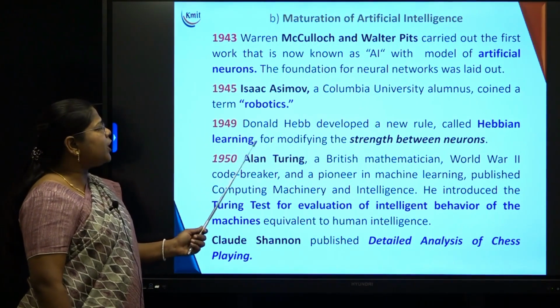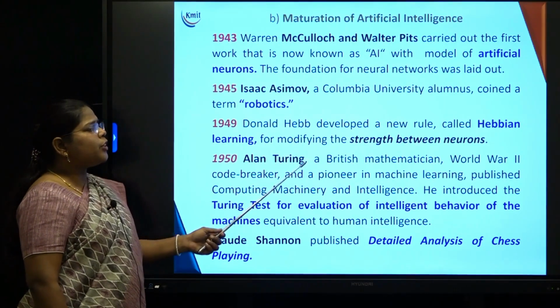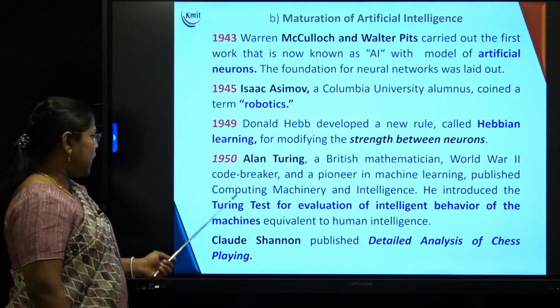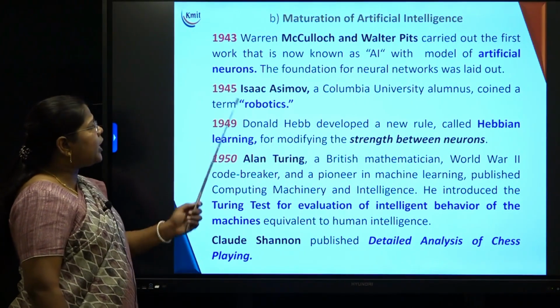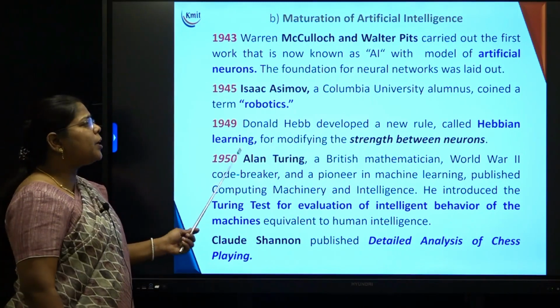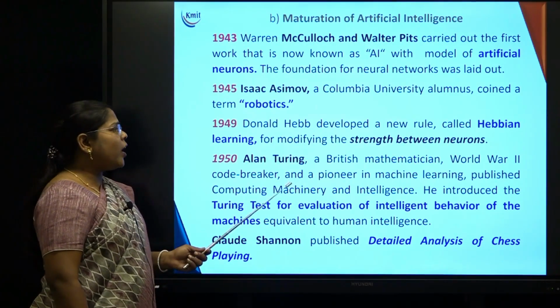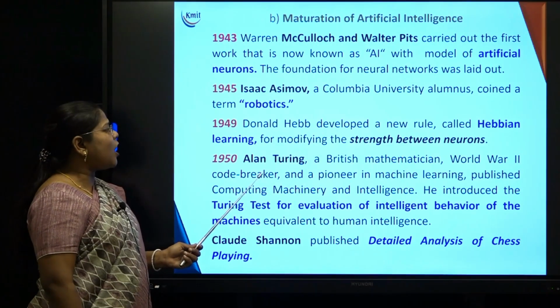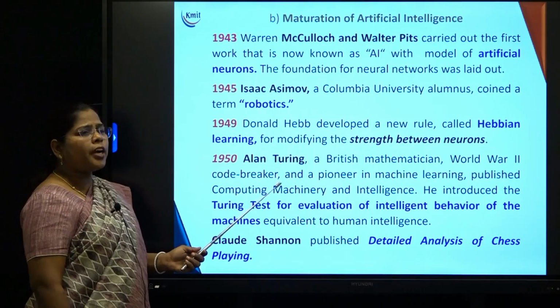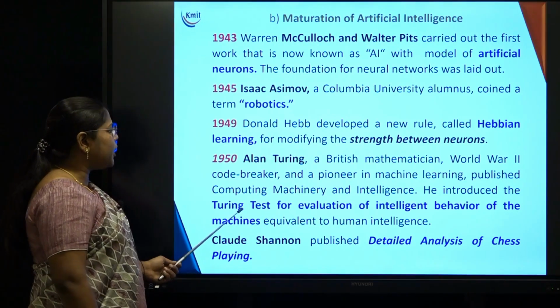In 1948, Hebbian learning defined the strength between the neurons. In 1950, after defining the artificial neurons and Hebbian learning, one mathematician, Alan Turing, defined one evaluation metric which is nothing but the Turing test.